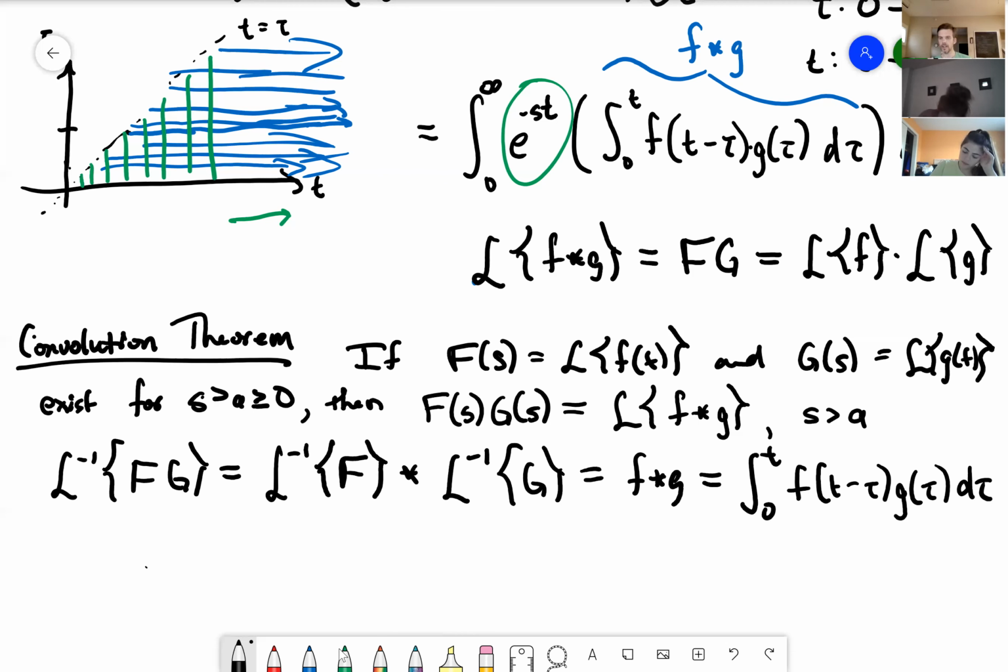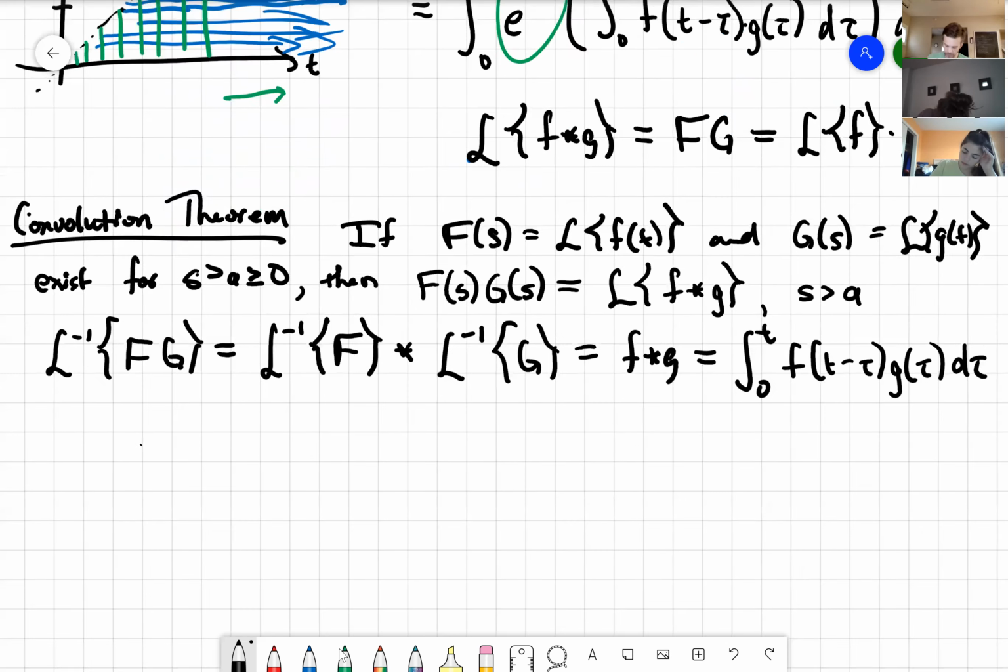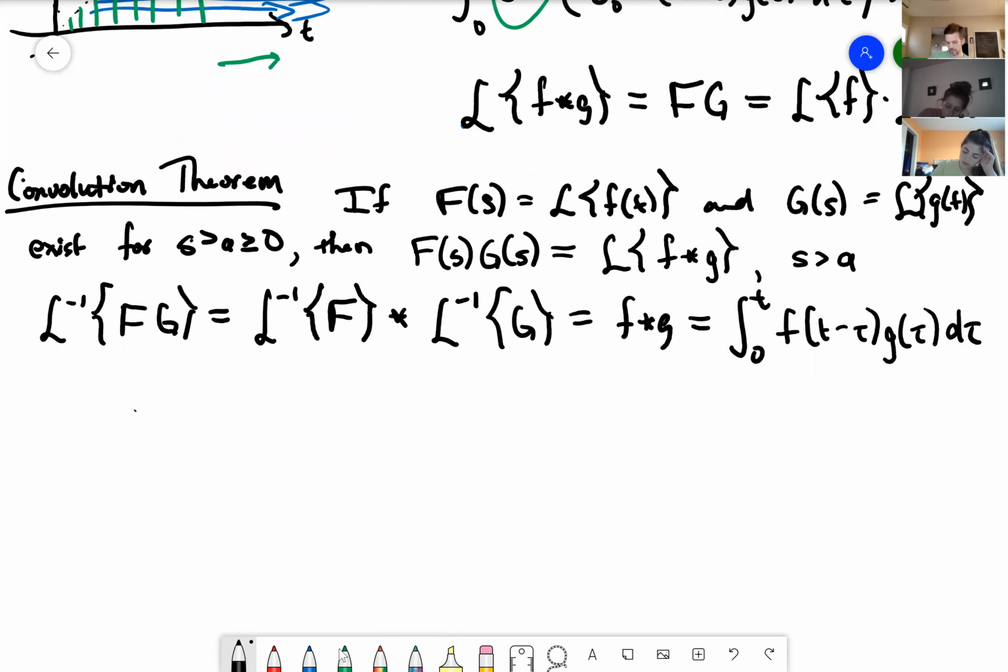So if we find that this thing can be written as the product of two things, then we can express what the actual lowercase y is that we're looking for, the solution, in terms of an integral. And before I go into why that's such an interesting idea, let's do some examples.